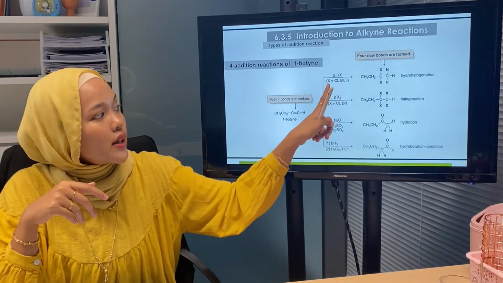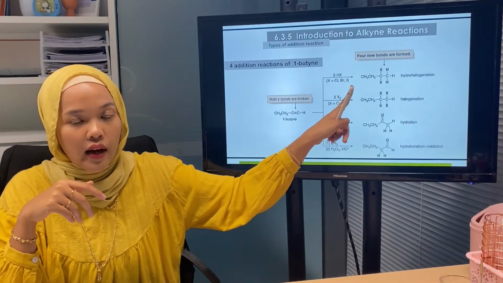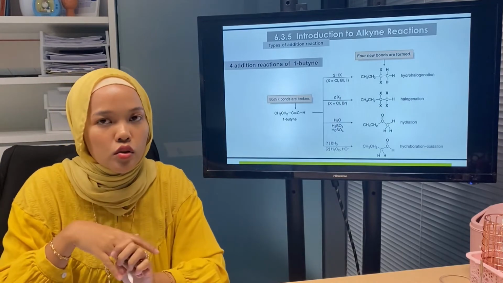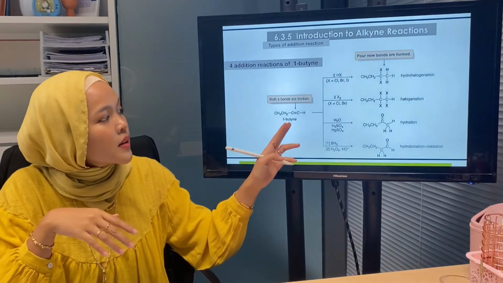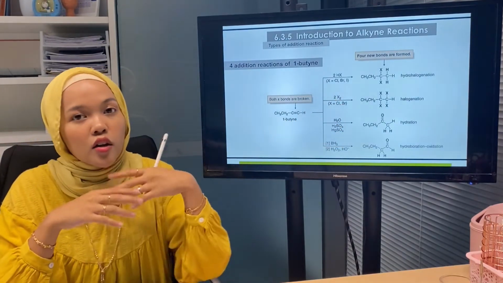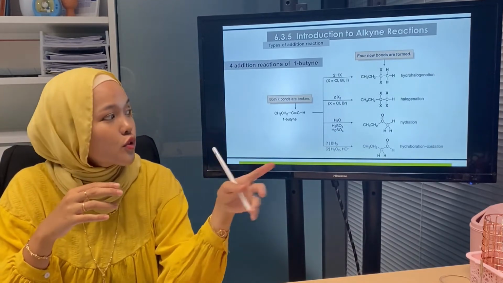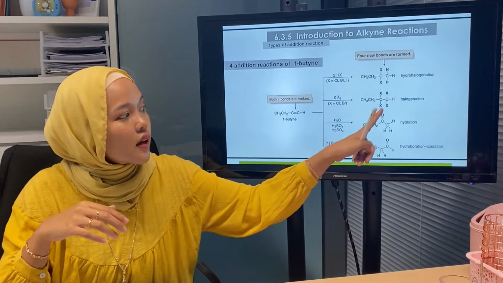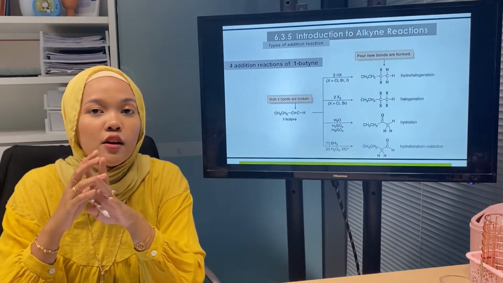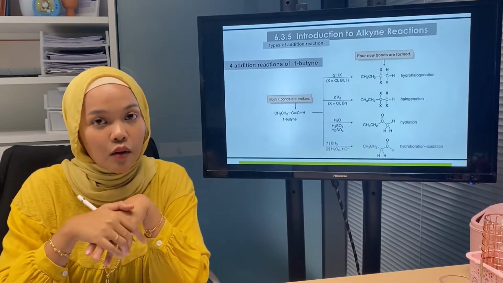But usually X is just Cl, Br, and I, because fluorine is going to be too reactive. Or you can add chlorine gas or bromine gas, X2, and you are going to have a tetrachloride.